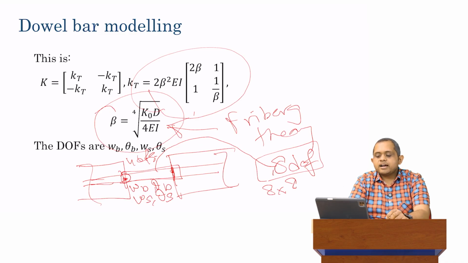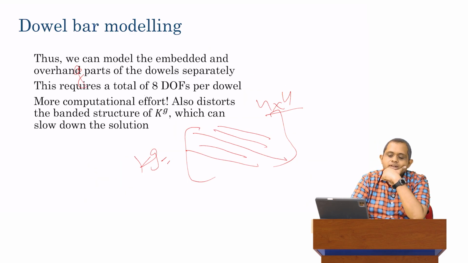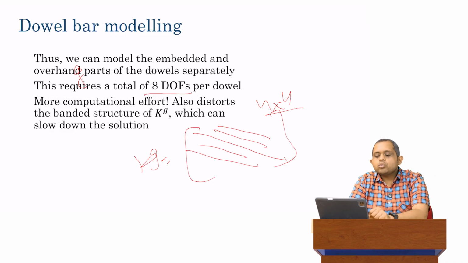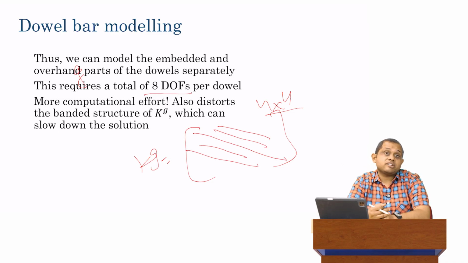The problem is if we start using this 8 by 8 system instead, then the banded structure gets distorted. First of all, it's 8 by 8, so we already have more degrees of freedom that we have to solve for. We have increased our computational effort. Two, when we try to assemble this 8 by 8 matrix into the global stiffness matrix at the appropriate degrees of freedom, our banded structure starts getting distorted.